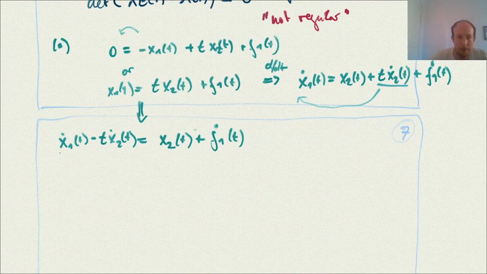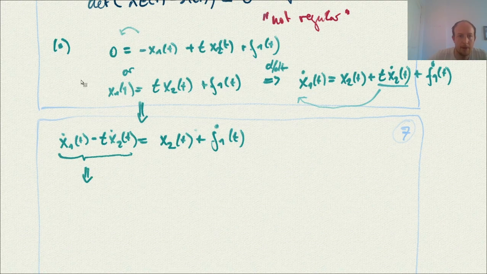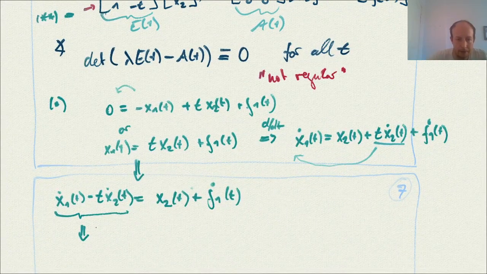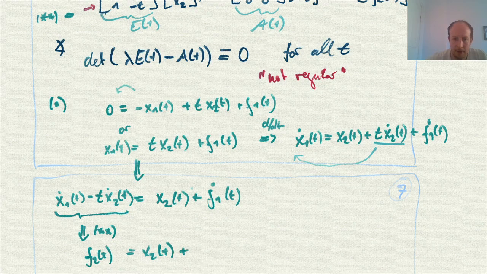So we can replace this here by this other equation to be just f2 of t, is x2 of t plus f1 dot of t.